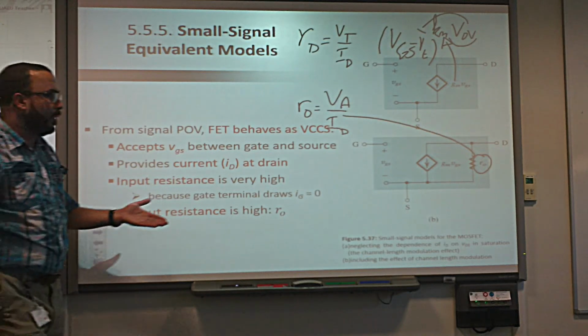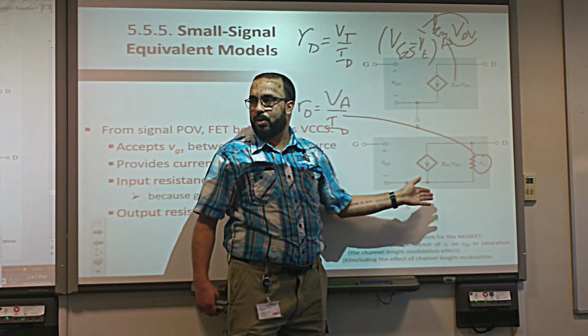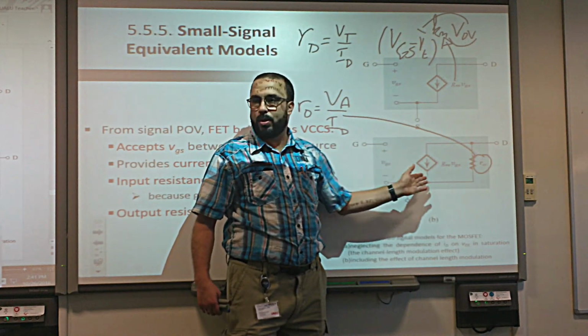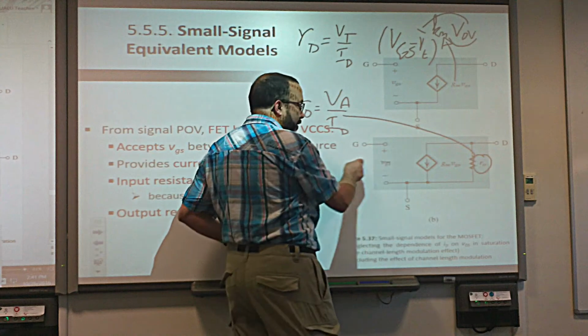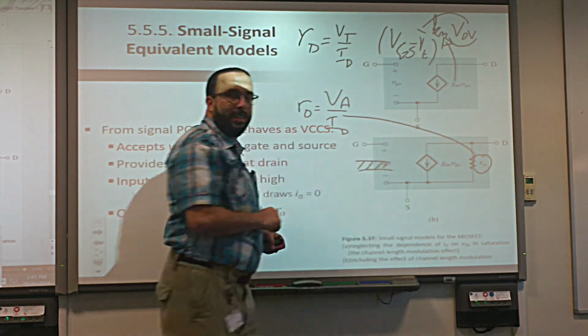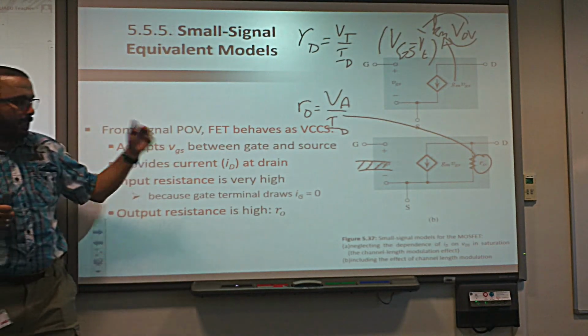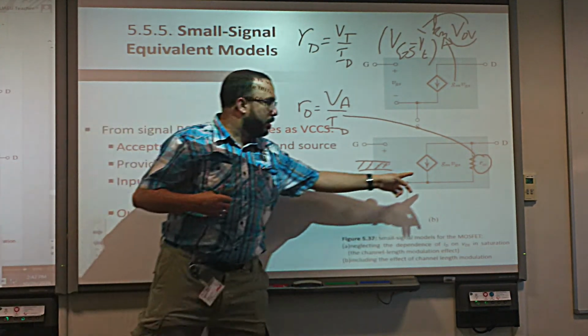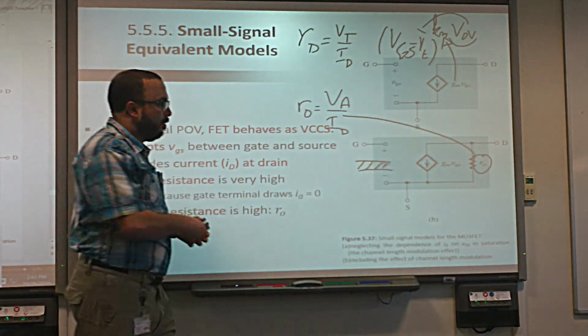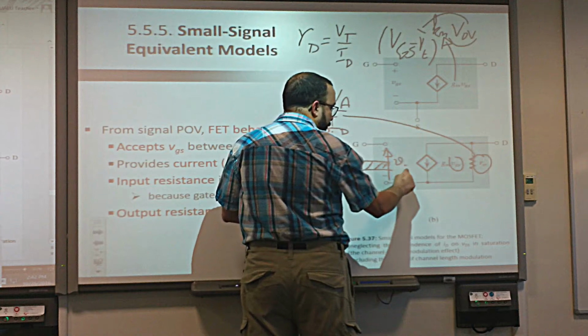And of course, we don't have any current between the gate and the drain or the source, because we have the insulator between them. So it's similar to the large signal model, but a bit different because here we are dealing with AC voltage, which is vgs, this voltage.